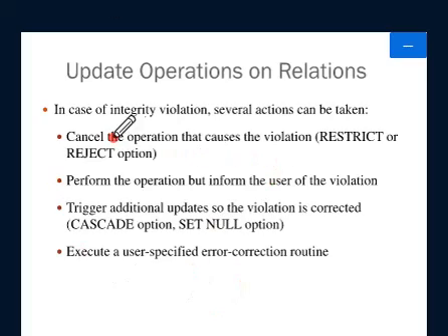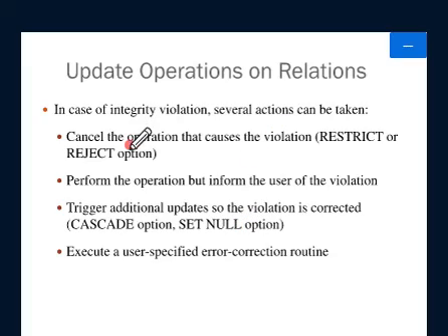So here, in case of integrity violation, several actions can be taken. Suppose when I am performing an insertion operation, the insertion operation may violate some of the constraints. At that time I can enforce the DBMS to take some action.